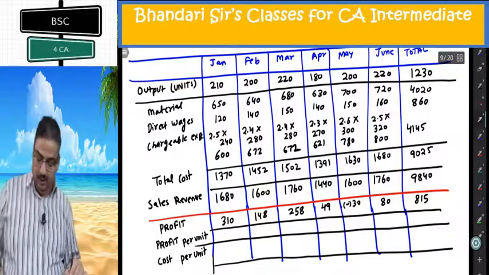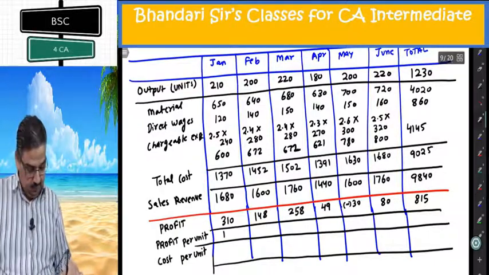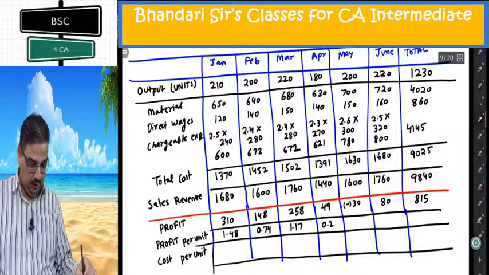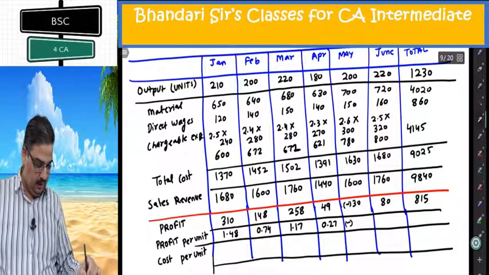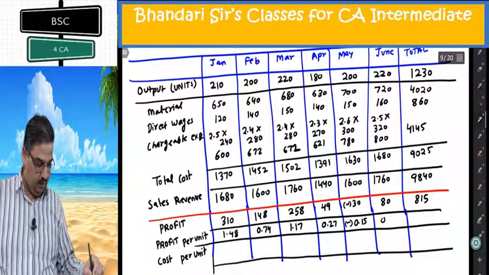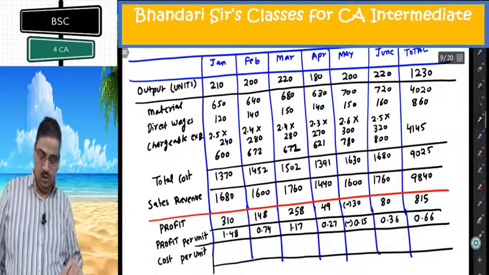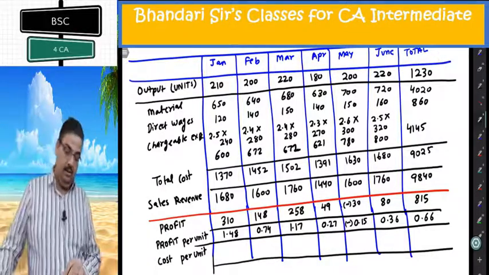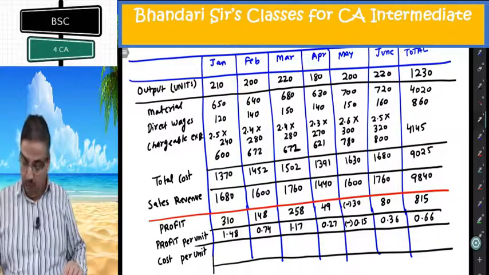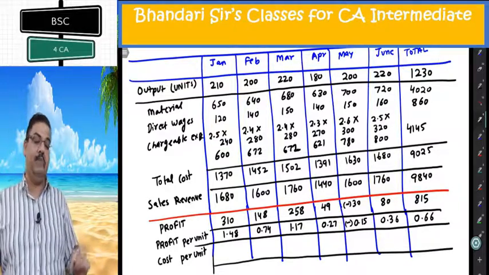So profit per unit that I am getting there 1.48, 0.74, 1.17, 0.27, negative 0.15, 0.36, 0.66.